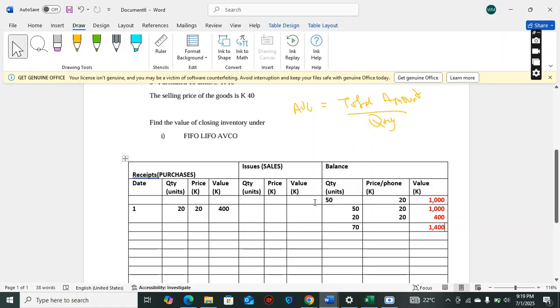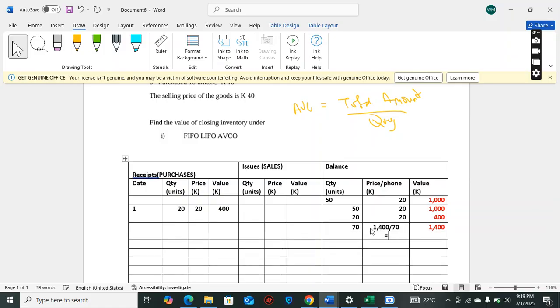So here we're just going to do 1,400 divided by 70, which would give us 20. Yes, 1,400 divided by 70, that is 20. Any questions?